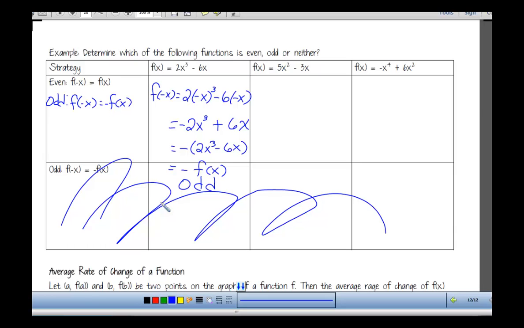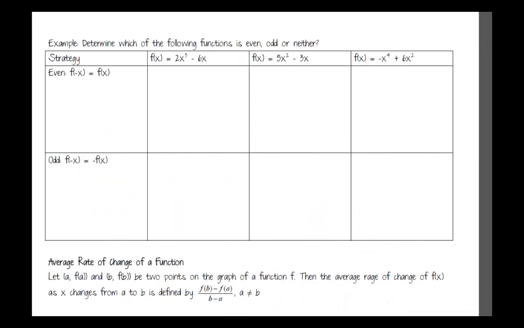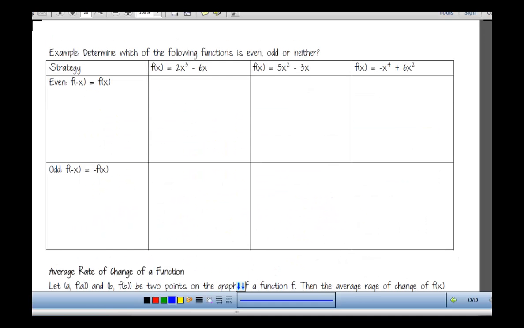All right. Let's try this next one. If I plug in negative x, we get 5 times negative x squared minus 3 times negative x.